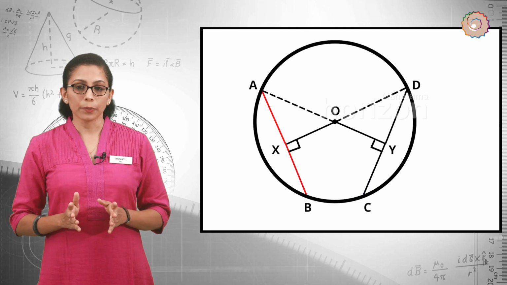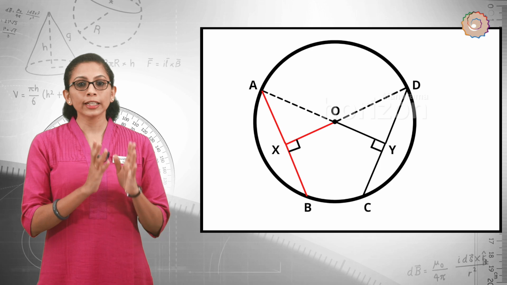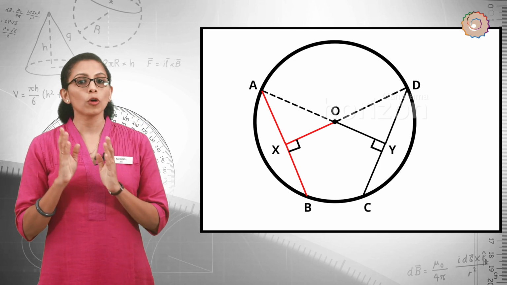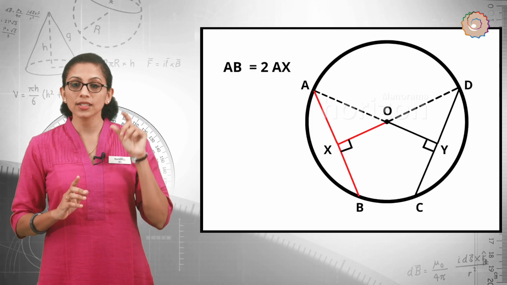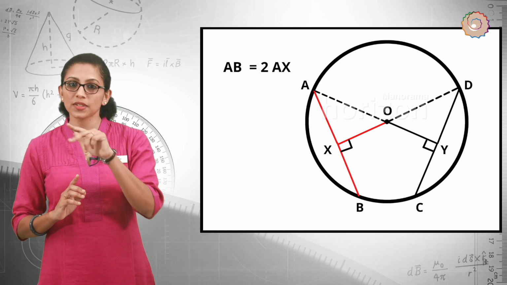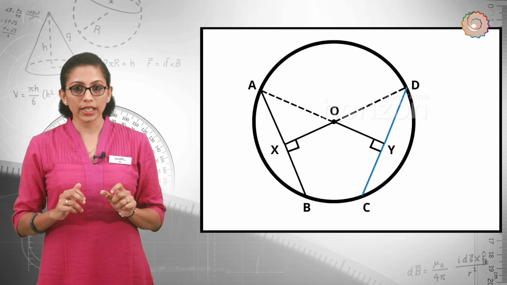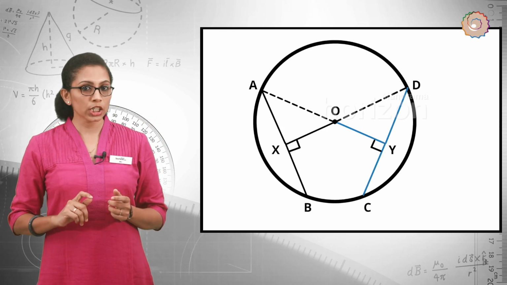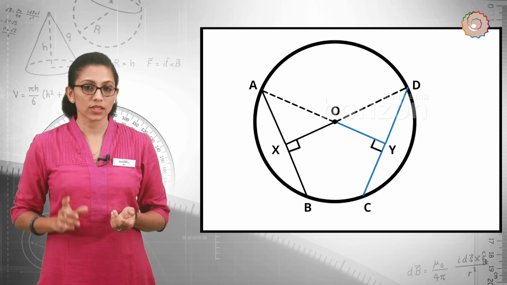For chord AB, OX is perpendicular to AB, and we know the perpendicular from the center to the chord bisects the chord. So X bisects AB, that is AB is equal to 2 times AX. Mark it as equation number 2. Now for chord CD, OY is perpendicular to CD, the perpendicular from the center to the chord bisects the chord.